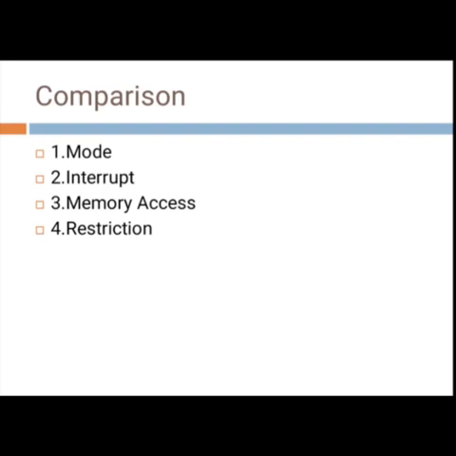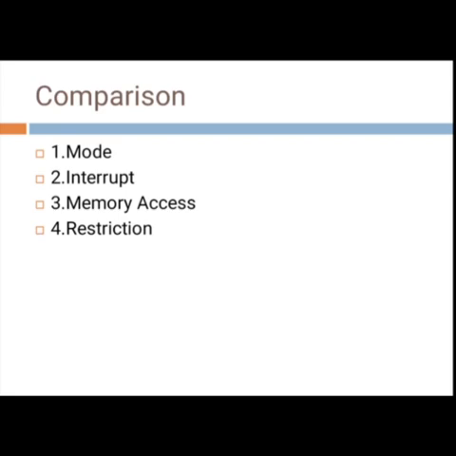In short, the most commonly used mode is user mode. Both these modes are introduced to provide more security for the operating system. In kernel mode, you have unrestricted access to all the resources of the operating system, whereas in user mode, we have limited access to the resources.